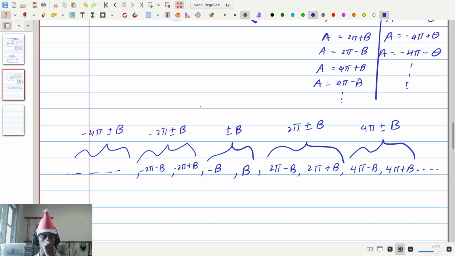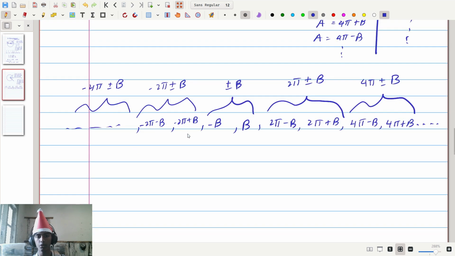So the pattern seems to be multiples of 2 pi plus or minus b. So that is the solution for our issue. A could be some even multiple of pi, as in 2 pi times some integer plus or minus b. So if we write this in a common formula, if we call this Tn, we could call this the 0th term, this the first term, the second term.